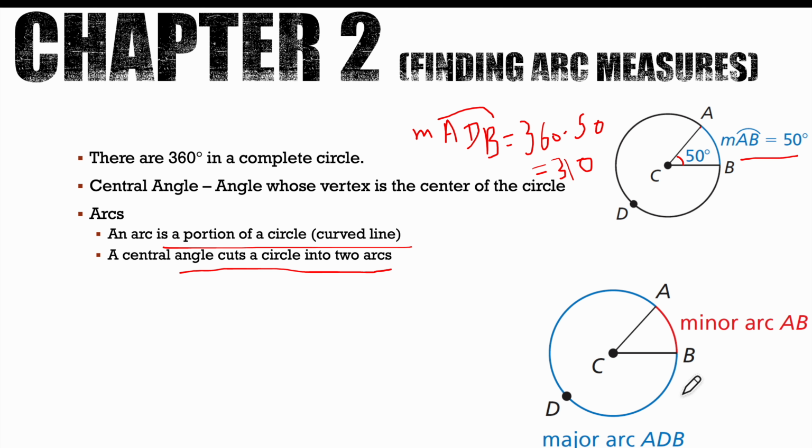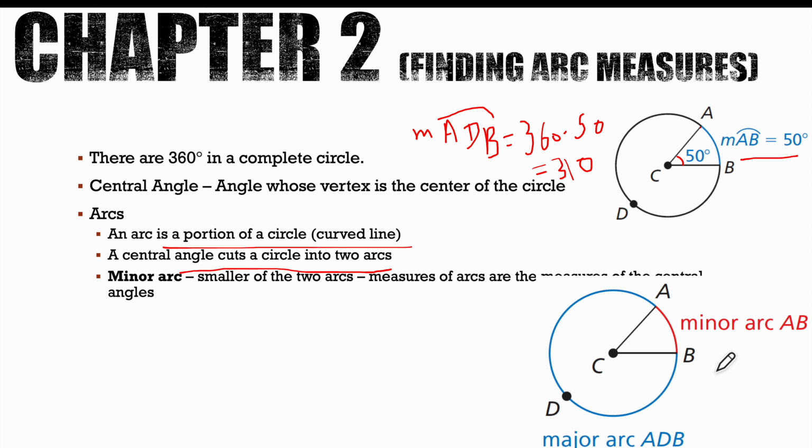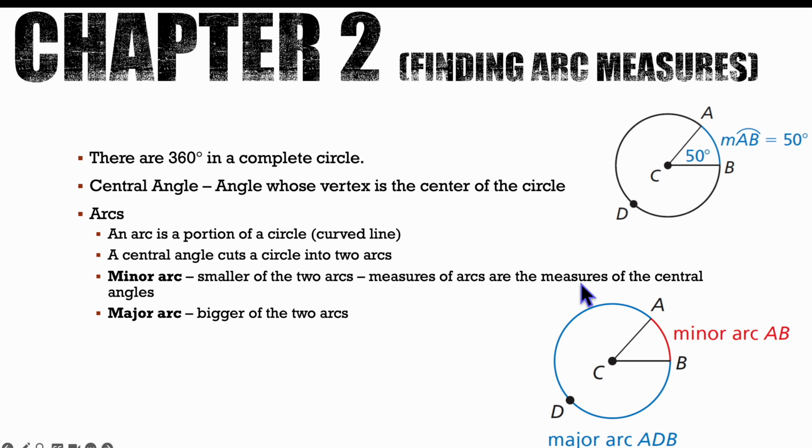The major arc is indicated with the blue, and with the red the minor arc is indicated. Again the definition: the smaller of the two arcs is called the minor arc. The measure of an arc is the measure of the central angle. The bigger of the two arcs is the major arc, so the major arc would be 360 minus the measure of the minor arc.